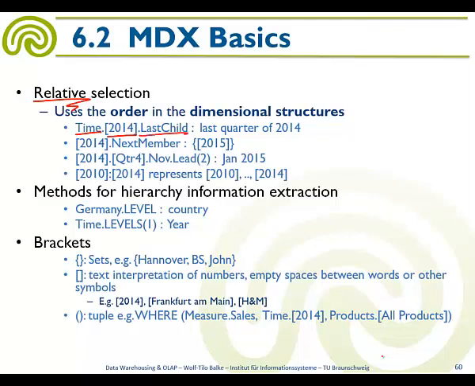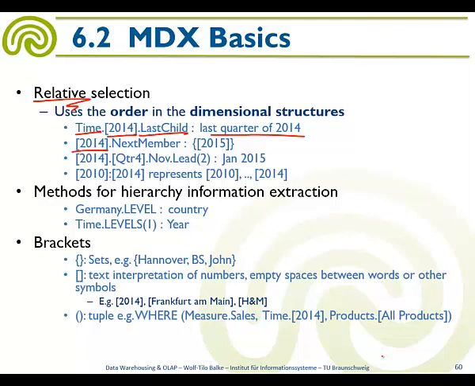I want the last child, right? That means I look into the child hierarchy of 2014, which are the quarters, and the last child means I want the final quarter, which is the last quarter of 2014, quarter 4, right?